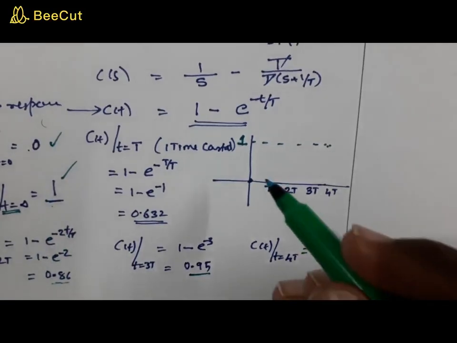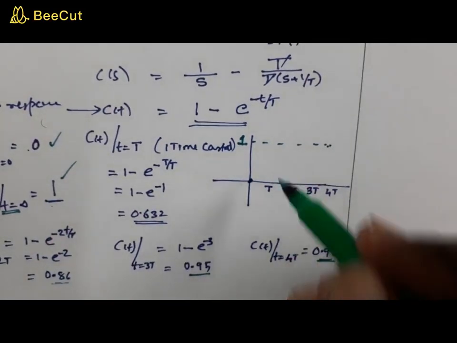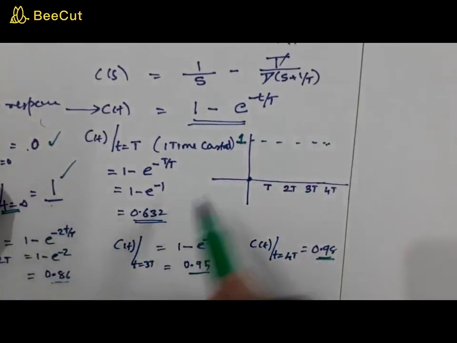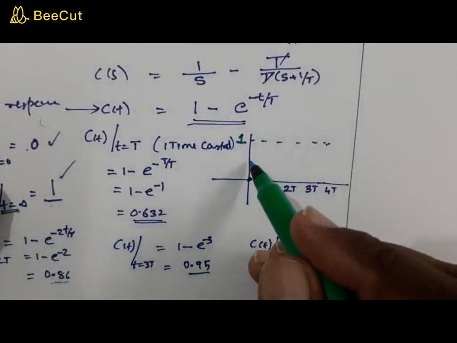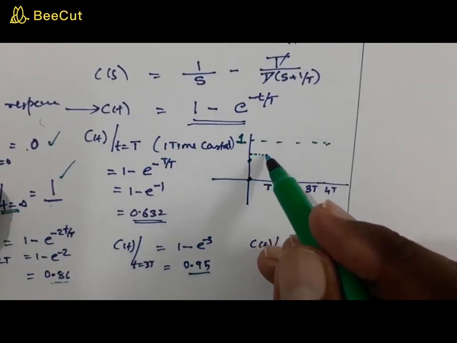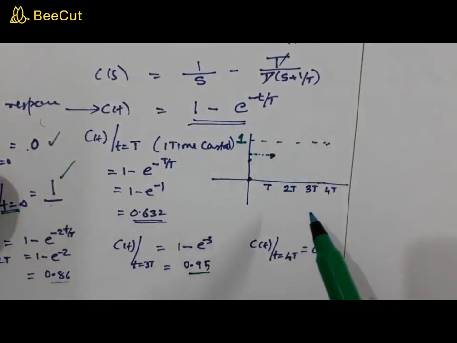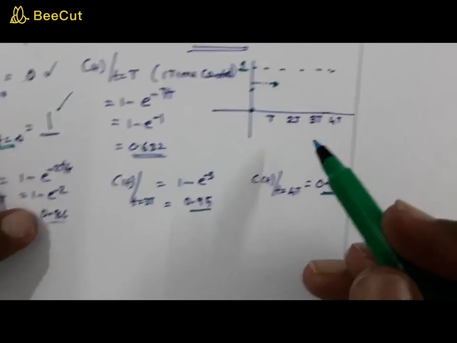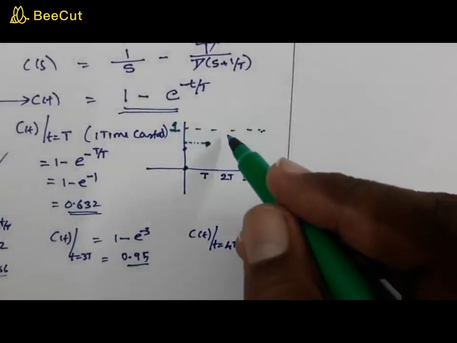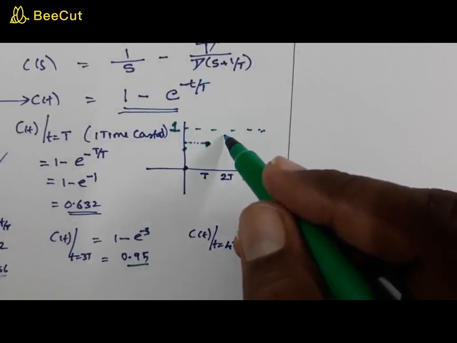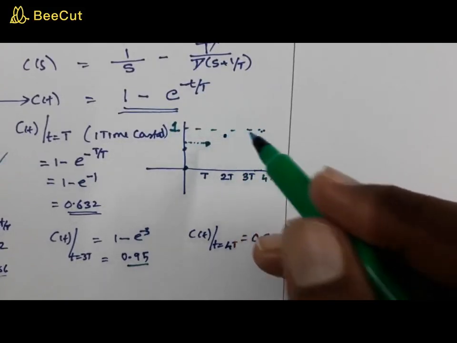So, let's try to draw this plot. Now, what happens at t equal to τ? t equal to τ means it is 0.63, which is greater than 0.5. So this will be 0.5, and let us call this 0.63. I'm marking it here. Now at 2τ, it is 0.86, so that becomes a bit higher.